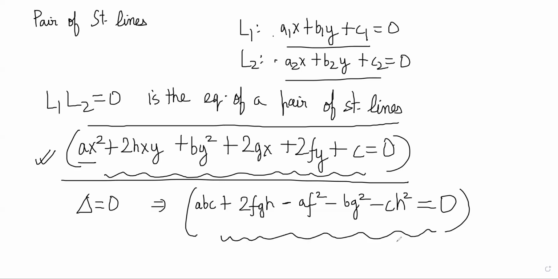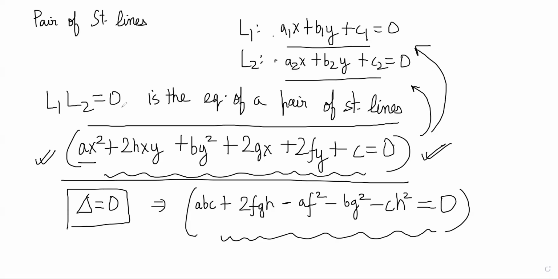So I have done that before on my channel. You can check it out in older videos on the channel. However, you can also look at SL and see the theory. It's a straightforward proof, which I will not get into right now. Right? So this general equation of 2-degree, if del is 0, it represents a pair of straight lines. And in general, the pair of straight lines will be like this, general straight lines, right?